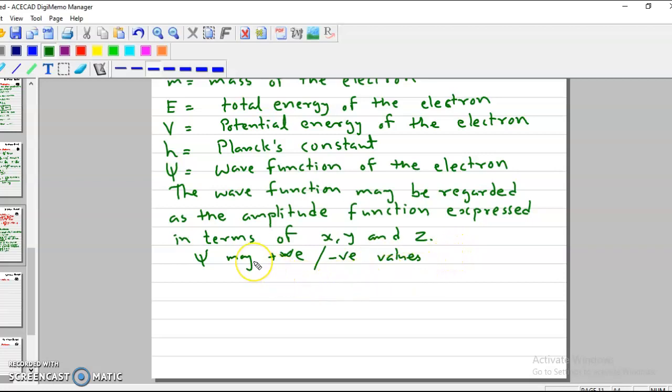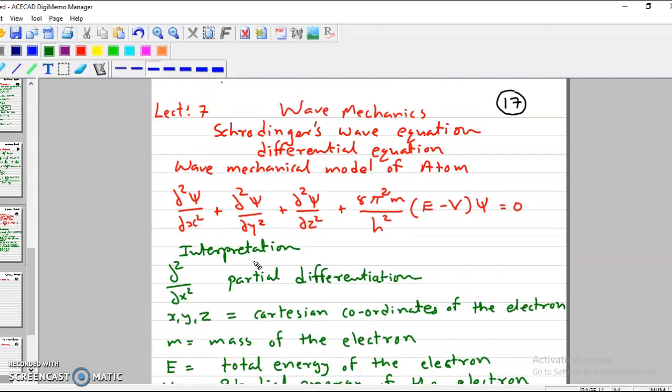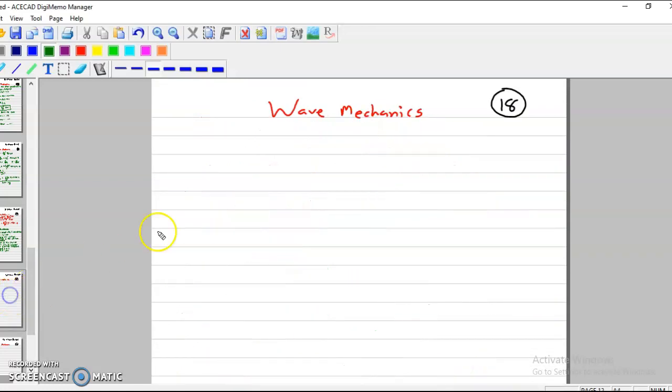Okay. Well, this is one of the parts of physics, and if we have to give any equation in physics, then it is always with conditions. So without conditions, we cannot explain any theory in physics. So there are certain conditions to accept this wave mechanical model or the values of psi.